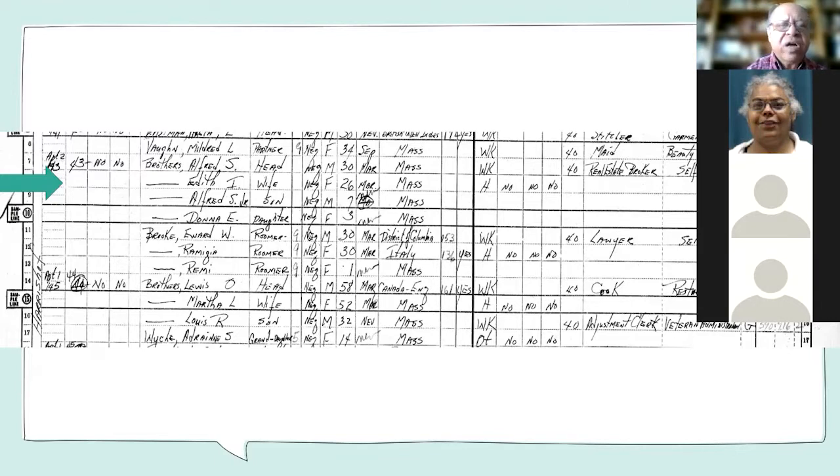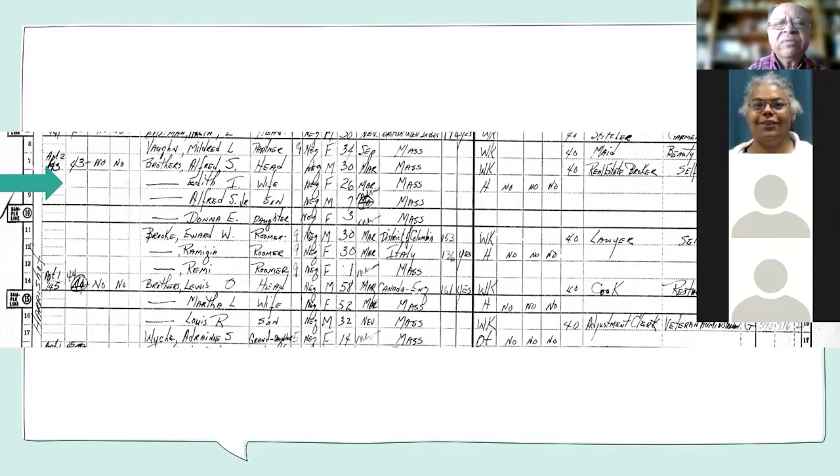Then down below is my grandfather, Lewis Owen Brothers, head of household, 58. He was born in Canada, and it says English, trying to distinguish the French side from the English side. He's a weekly worker, working as a cook in a restaurant for 40 hours.